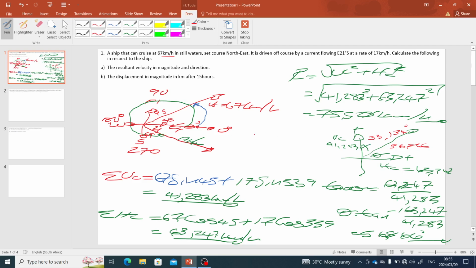Now, in writing your direction, it will be resultant equals 57.528 kilometers per hour at north 33.134 degrees east. This is the given principle. But the fact that your resultant occurred on the first quad, it doesn't matter whether you write it as east 56.866 north.